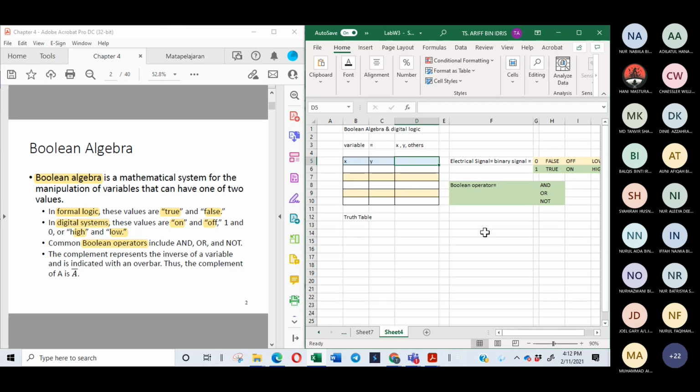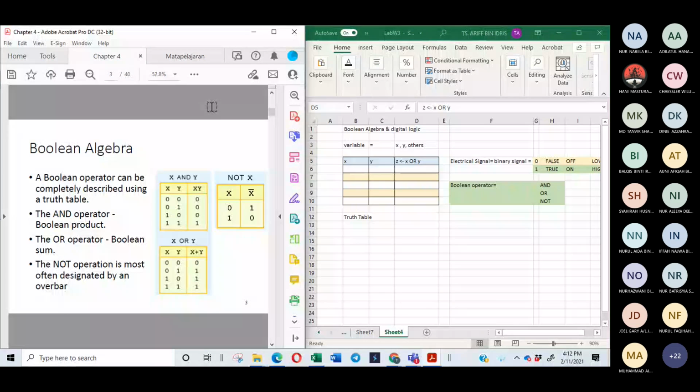Maybe we can put it as Z. Z is equivalent to X or Y. This part we call the output, or the Boolean expression. Later on we will see other examples.